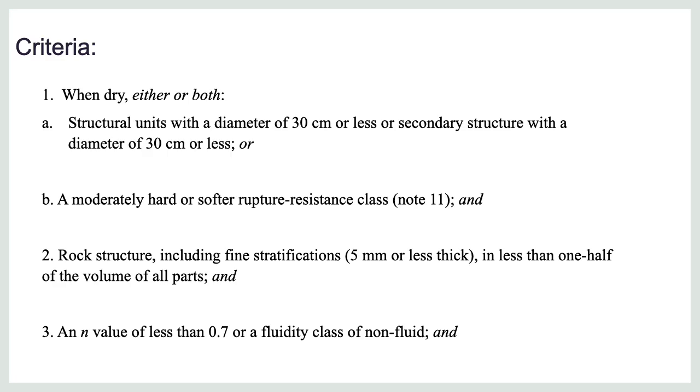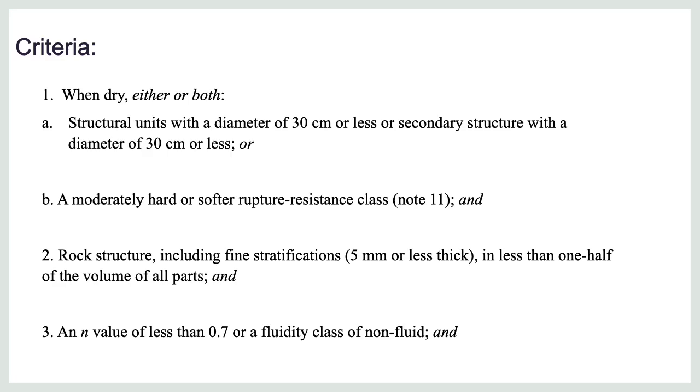Okay, and in this case I need to fit at least letter A or B, and if I fit one of them it's okay, but then I need to consider number 2, the rock structure including fine stratifications that are 5 millimeters or less of thickness. It's less than 1/2 of the volume of all parts.